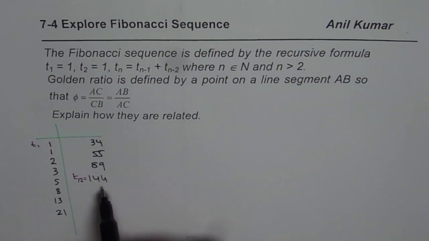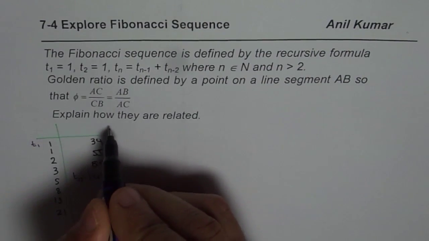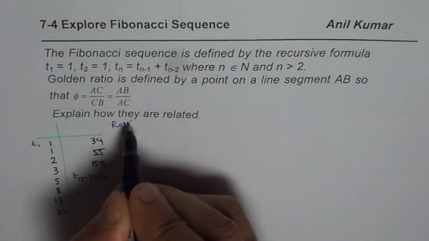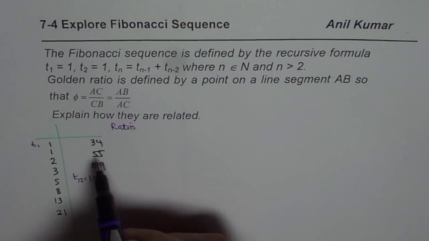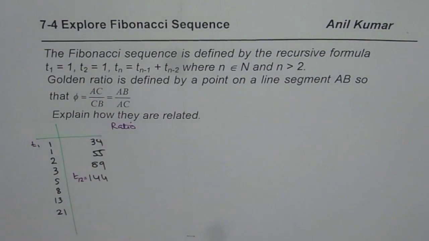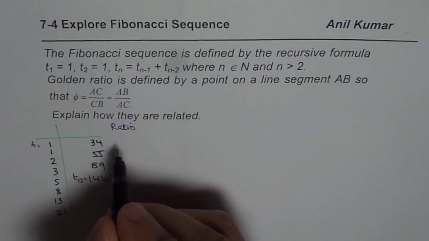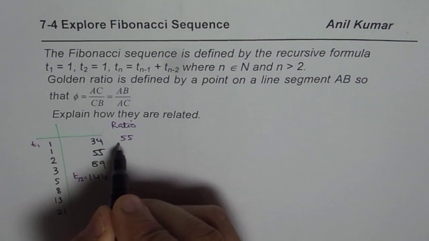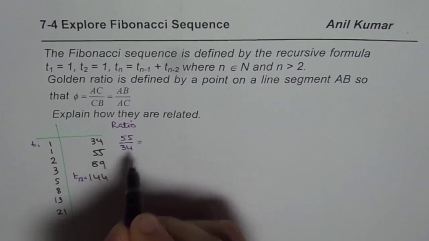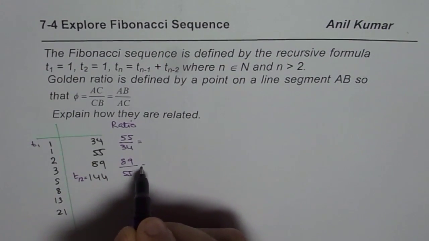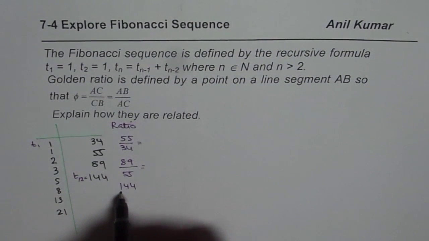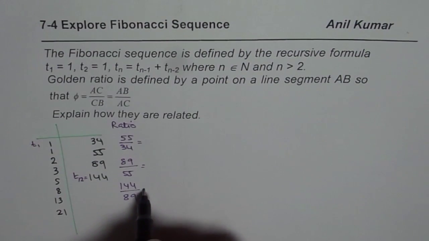Now if you find the ratio of these numbers, what do you get? Let us find the ratio now. You can find the ratio of all the numbers. I'll just do the ratio of the last few and then we'll see what we get. So what is 55 over 34 equal to, what is 89 over 55 equal to, and what is 144 over 89 equal to.